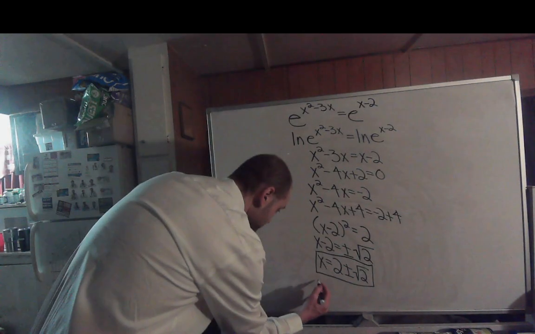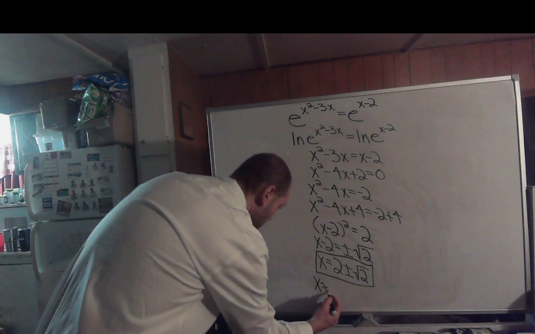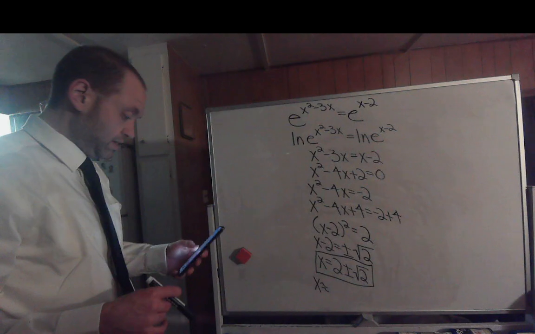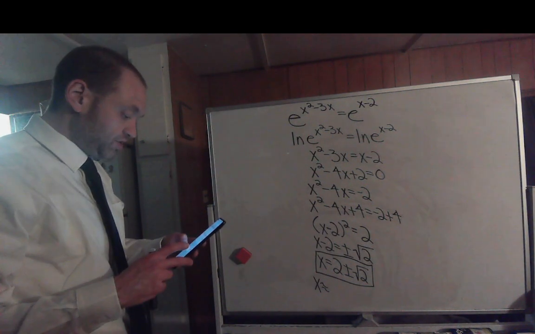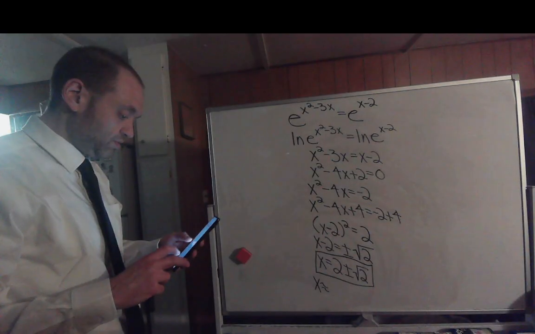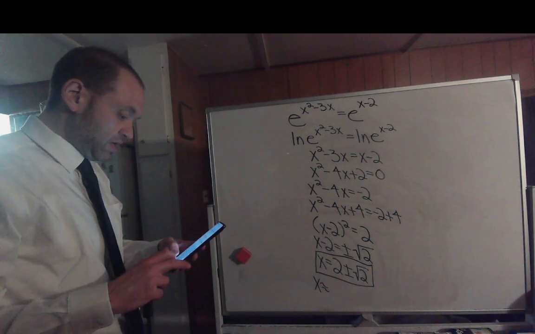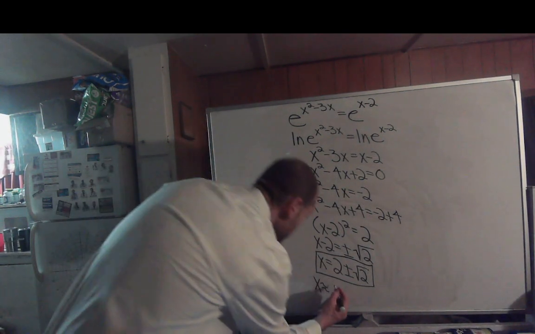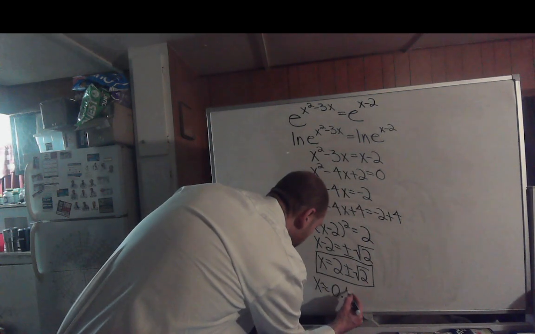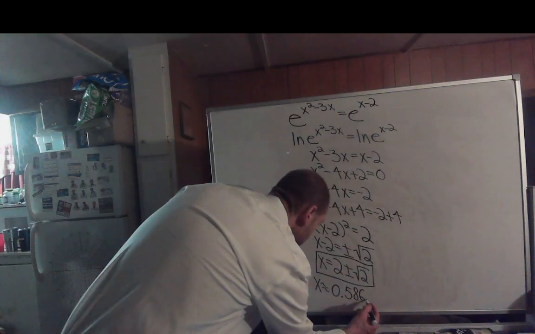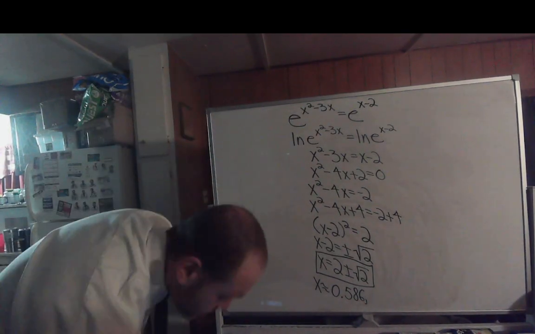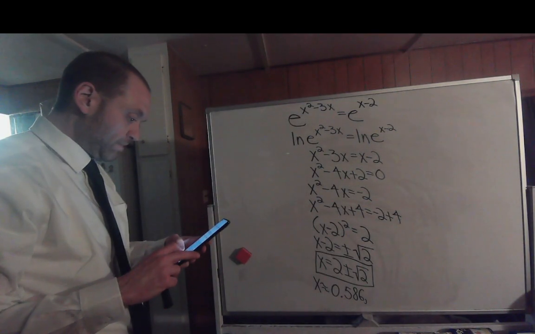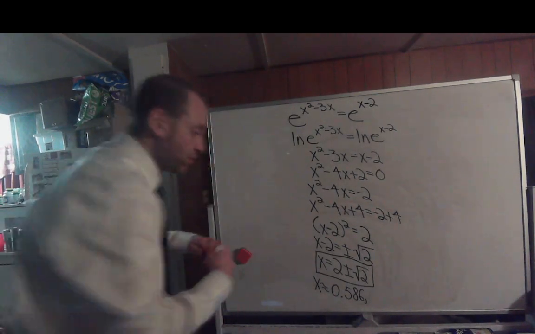Now let's find decimal approximations. So let's do 2 minus the square root of 2. So your first decimal approximation would end up being approximately 0.586. Your second one, we're going to do 2 plus the square root of 2, which would be about 3.414.